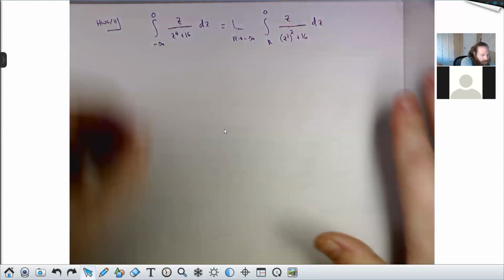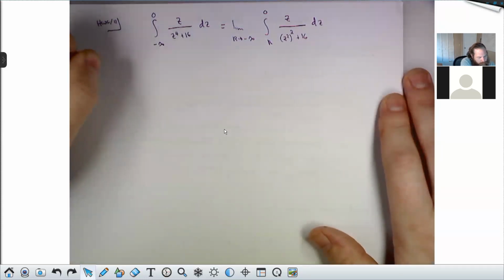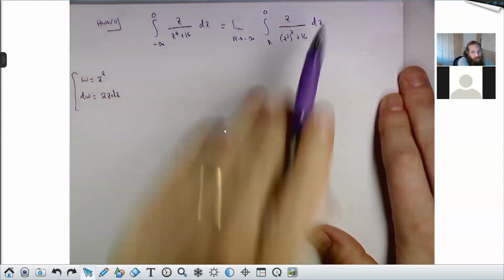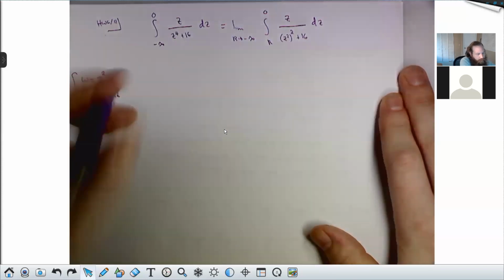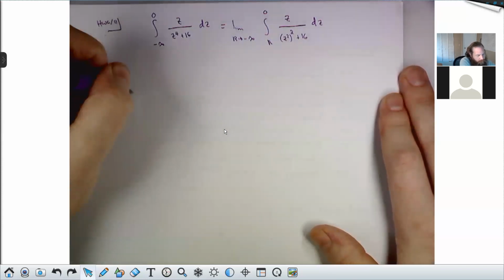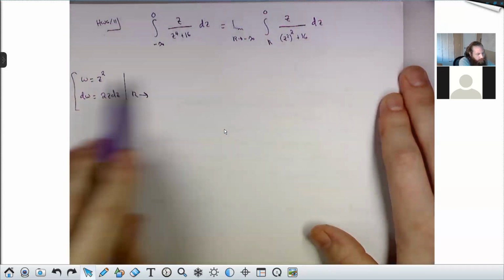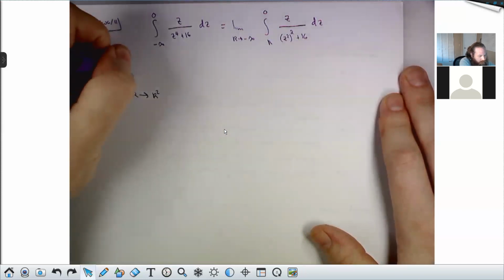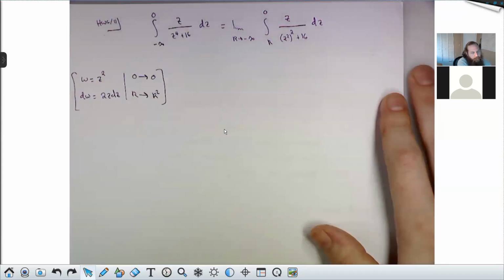So if I make the substitution, w equals z squared, then dw is 2z dz. And I do have a z dz here that I can play with. I would also change the bounds. When z is equal to r, w will be equal to r squared. And when z is equal to 0, w will be equal to 0 squared, which is still 0.